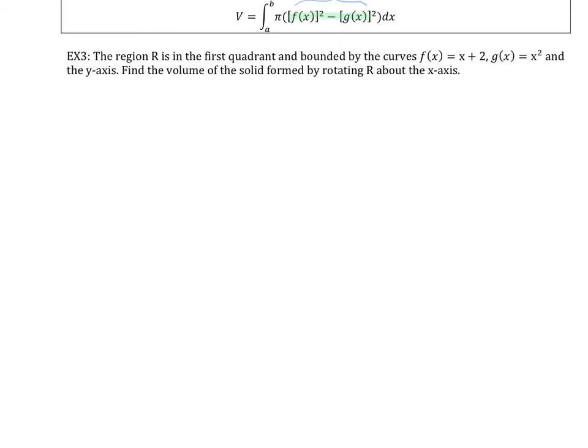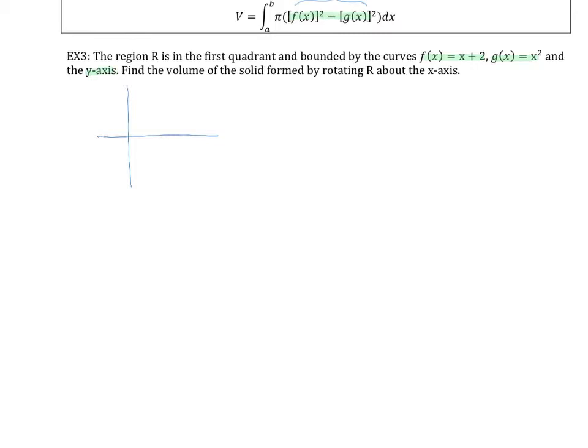Example 3, we have a region. It's in the first quadrant. So first quadrant means I only have to graph the first quadrant. So the region is in the first quadrant. It's going to be bounded by the curve f of x equal to x plus 2 and g of x equal to x squared, and the y-axis.